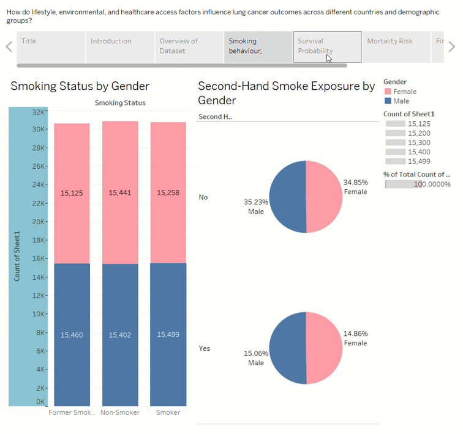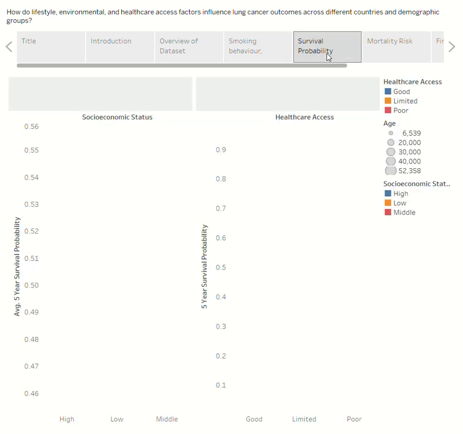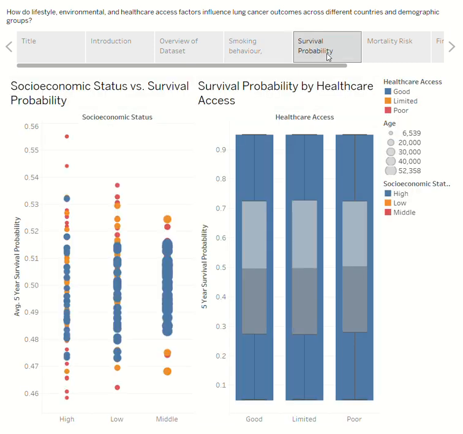Then let's move into environmental and indoor exposure effects on mortality risk. Socioeconomic status, healthcare access and survival.